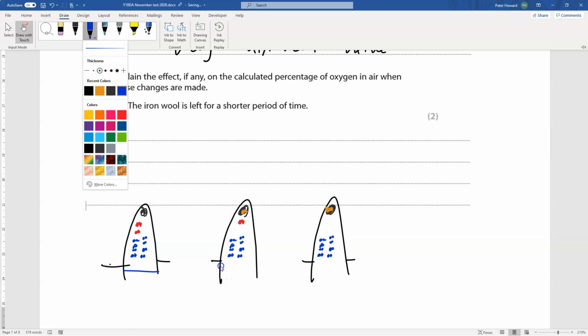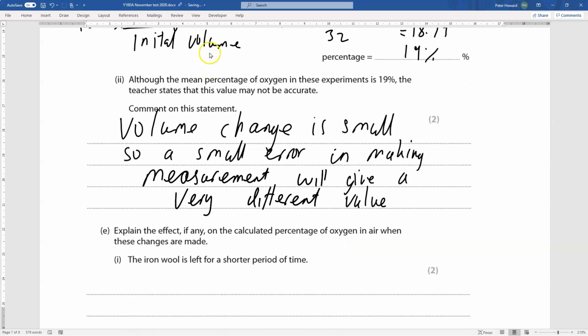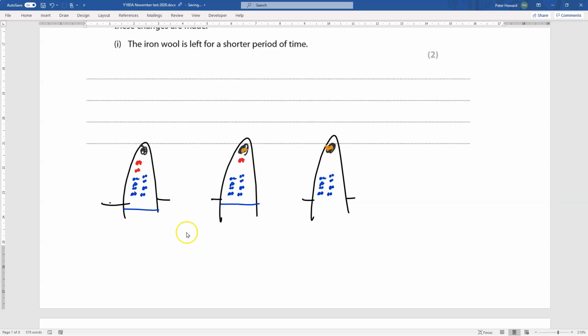So there will be less oxygen, so we carried out the calculation here. The change in volume will be smaller, so the calculated percentage would be smaller, so maybe we'd have 10% for this one. At the end, we're probably going to get close to obviously 21%, and the volume of liquid will be here. There's no oxygen left, and I've tried to do a bit at the top to show the iron having rusted.